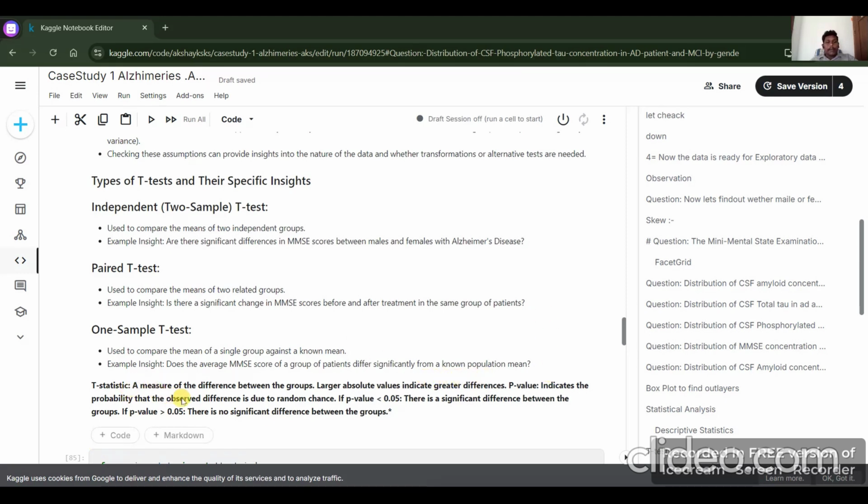The t-statistic is a measure of distance between the groups; large absolute values indicate a greater difference. The p-value indicates the probability that the observed difference is due to random chance.